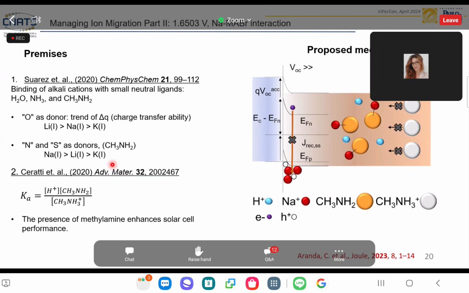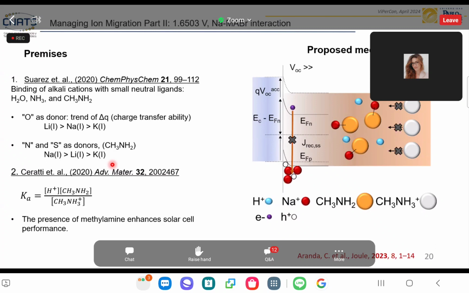Well, the first thing, and this is the main take-home message that I want to give, is that you have to have a very high quality perovskite. Otherwise, you will have thousands of defects, both chemical and morphological, and then you will have huge numbers of vacancies that are going to migrate and degrade your sample faster.